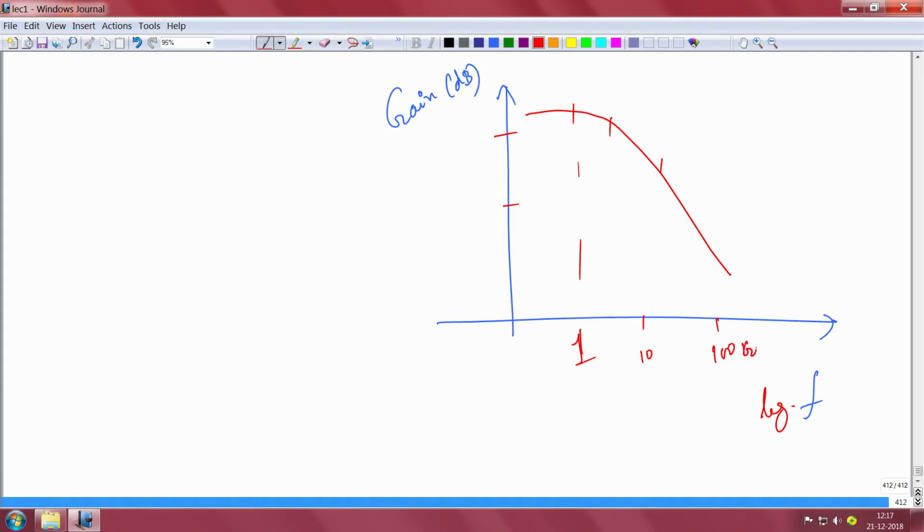These are one decade each. If the gain becomes 0 dB, which means the gain is 1, since log of 1 is 0, then you define this particular point as the Ft.